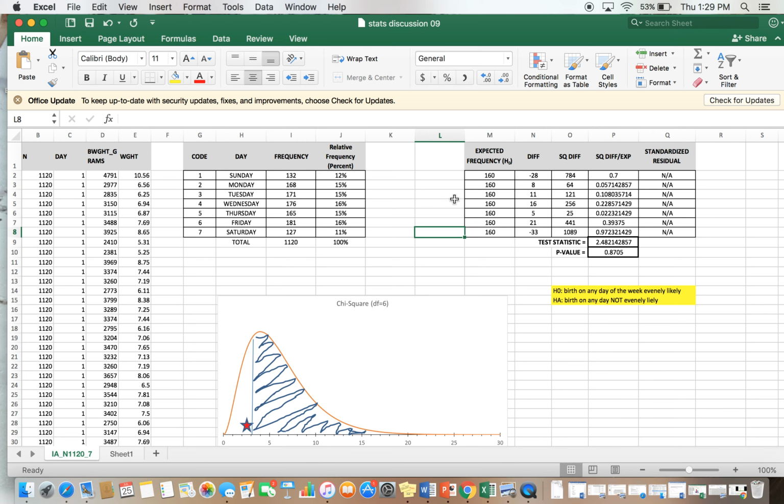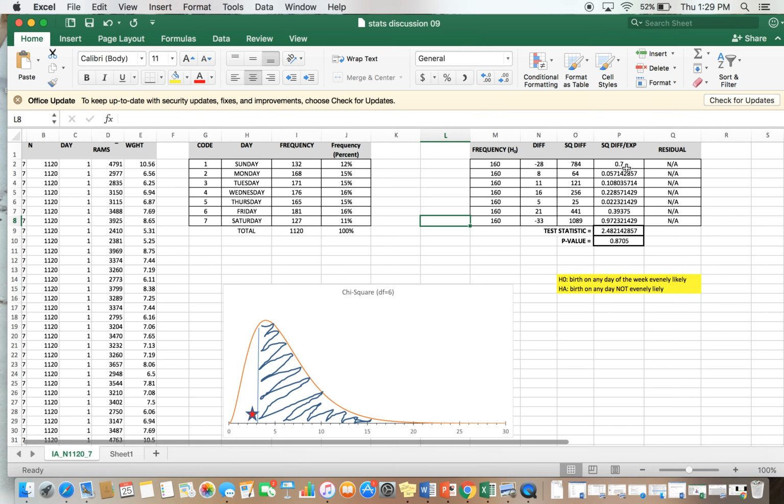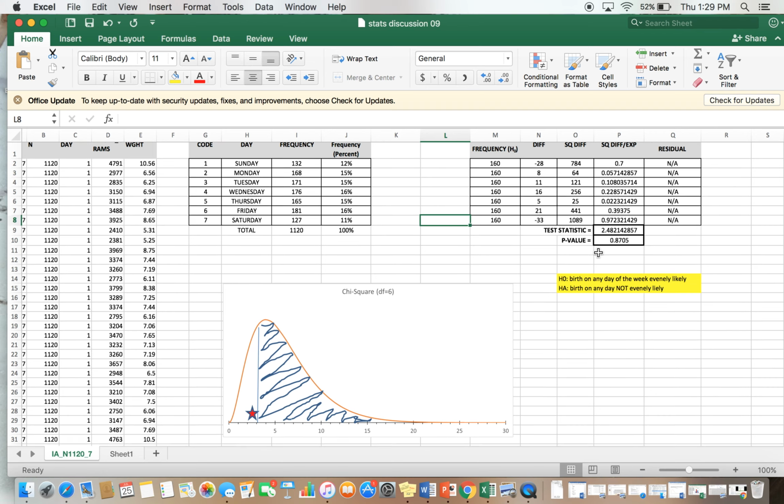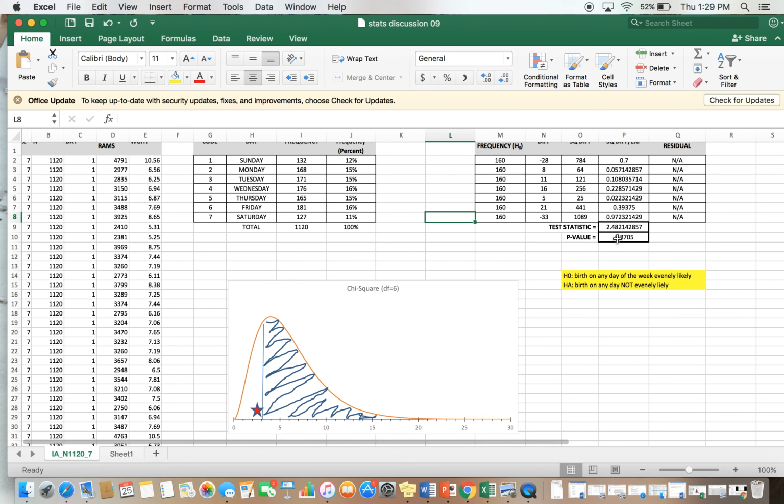So from there we subtract our observed from our expected, get the difference, square it, divide it by the expected value, and then from there I add up all of those sums to get our test statistic. Our test statistic was about 2.48 is what I would round it to, and then from there I was able to calculate a p-value due to this lovely function right there. But we'll get there in a second.